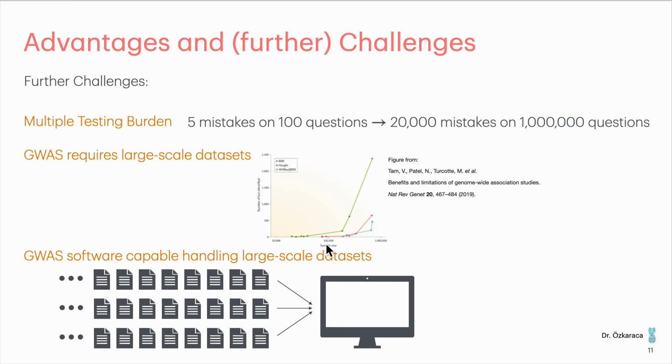As you can see, at a sample size of about 100,000, not many associations are found. Only when the sample size increases significantly were they able to find significant associations. By the way, I apologize for making a mistake about the phenotype values here. It is BMI, height, and weight-adjusted BMI.